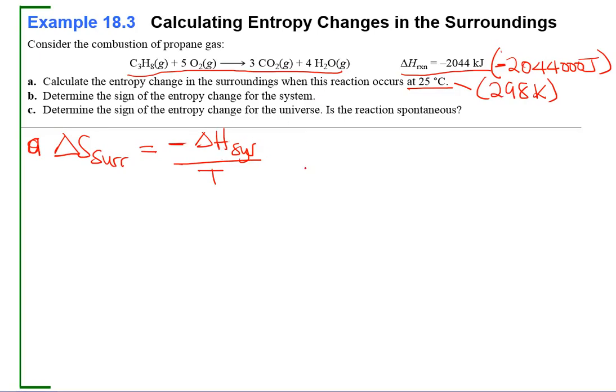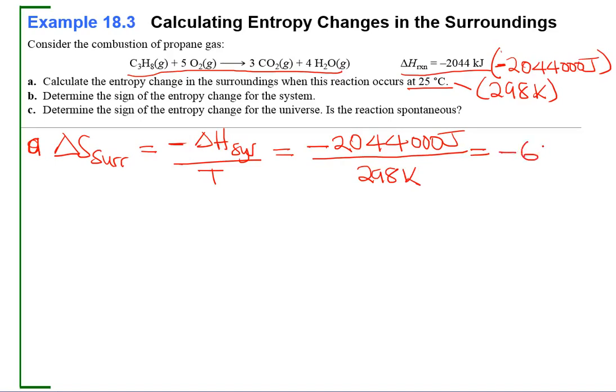Now, if we plug in the numbers here, we are going to have minus 2044000 joules divided by 298 K, which gives us minus 6859.